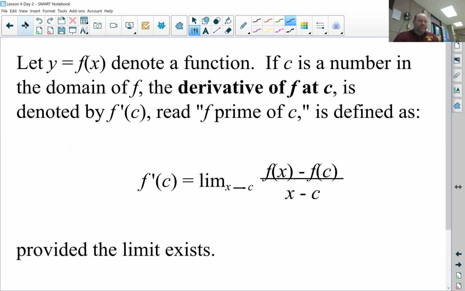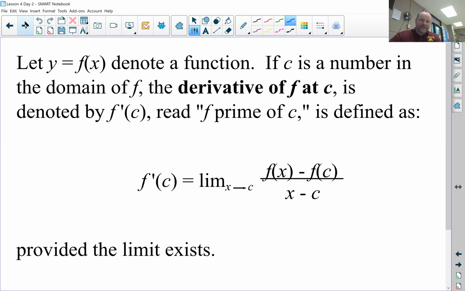So a definition to start with: if y is some function f of x, and c is a number in the domain of f, then the derivative at c is denoted by f prime of c.